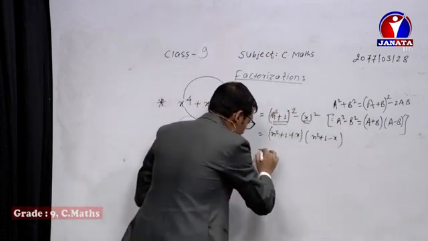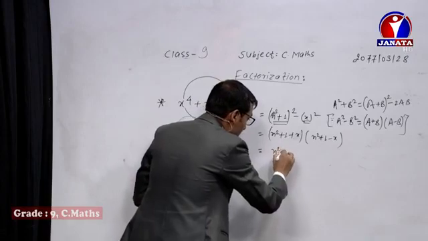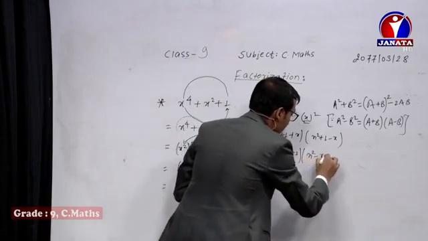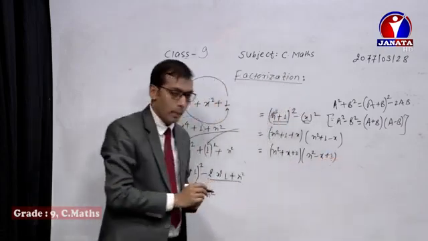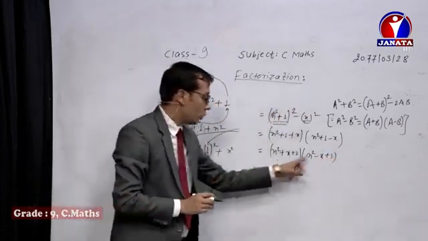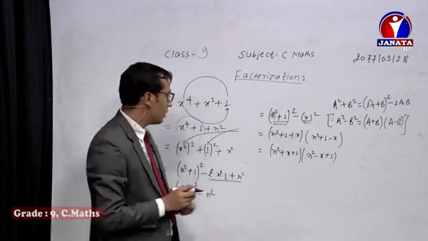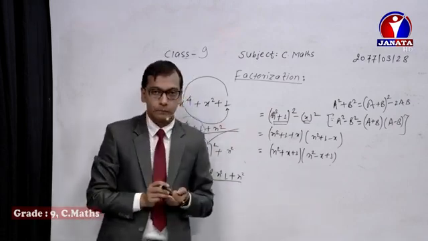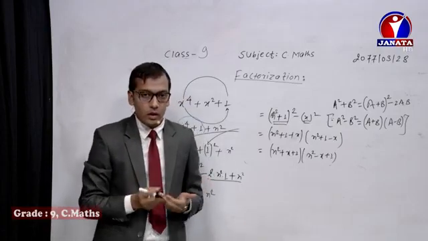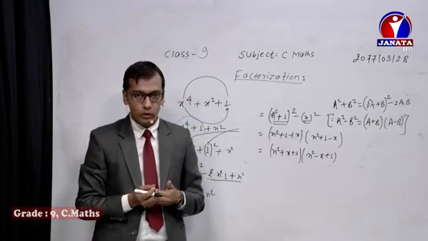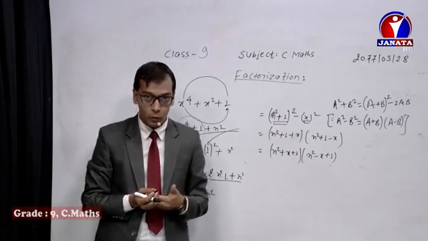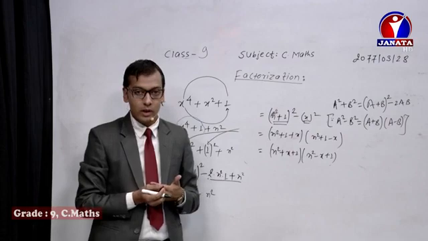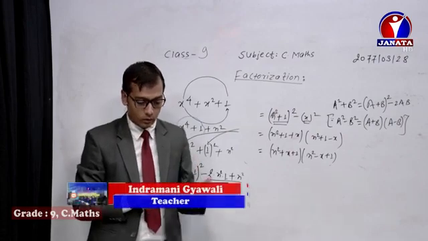Let's rearrange the terms here: x square plus x plus 1 times x square minus x plus 1. These two are the factors of x to the power 4 plus x square plus 1. So we discussed two similar factorizations in the form of a to the power 4 plus a square b square plus b to the power 4.